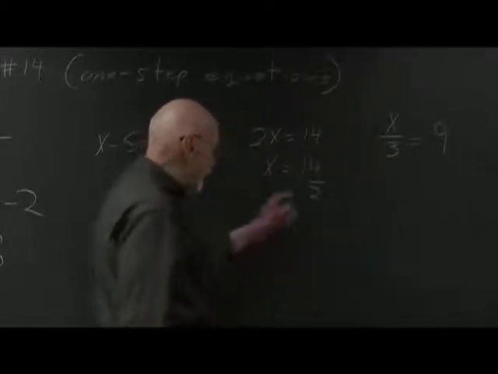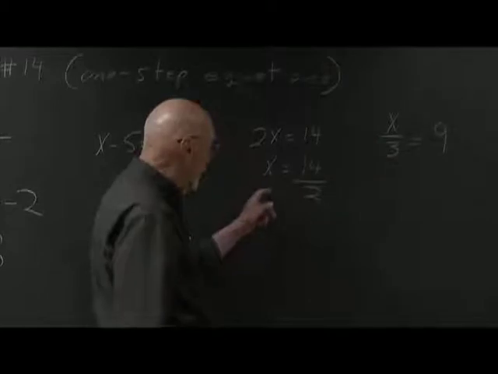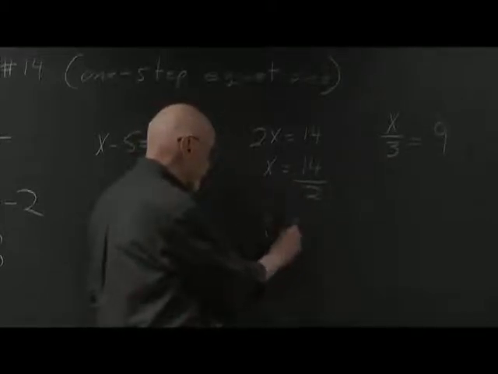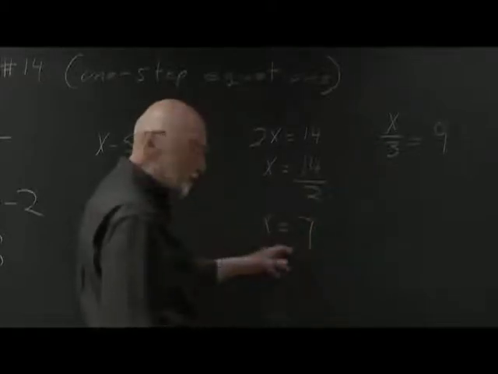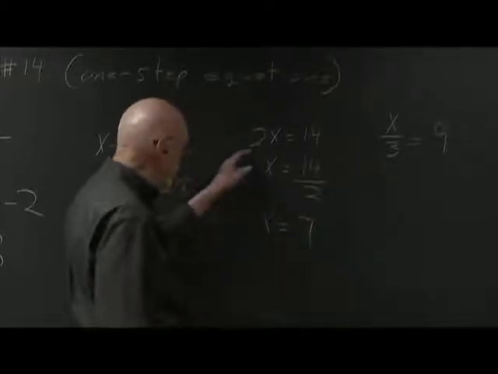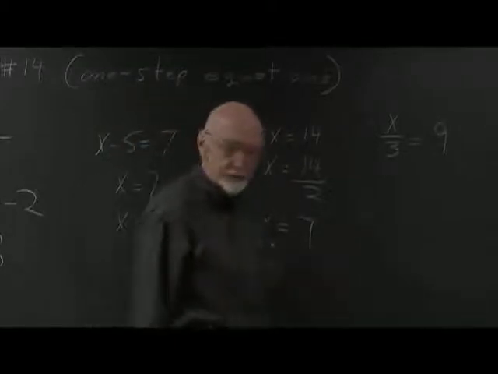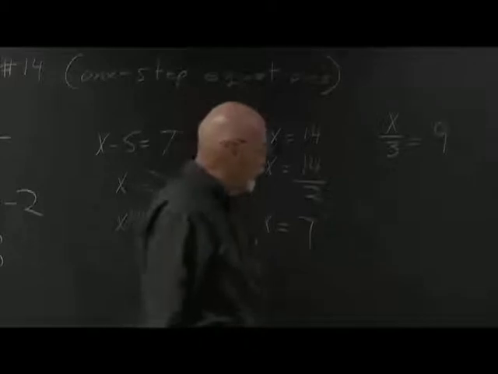And of course, that's how we show division. X equals 14 divided by 2. X therefore equals 14 divided by 2, which is 7. Let's see if we got it right. 2 times 7 is 14. No question about it. Okay?